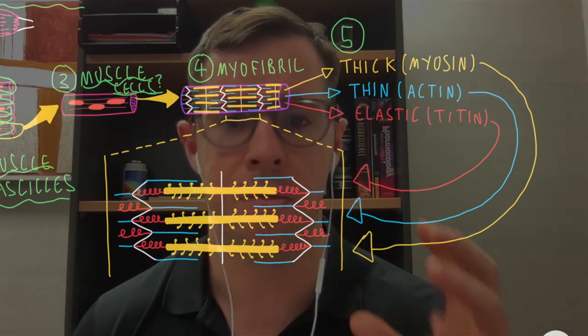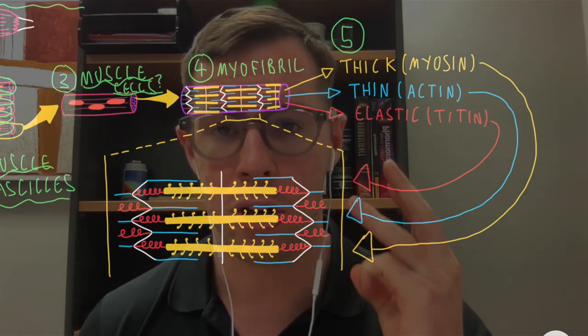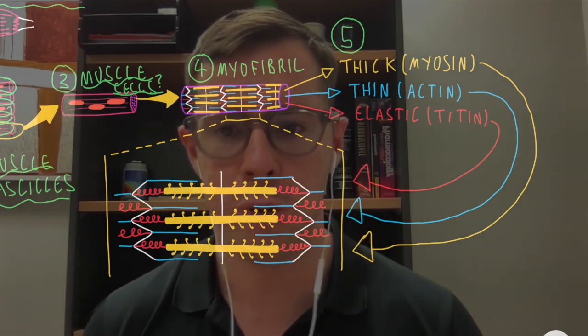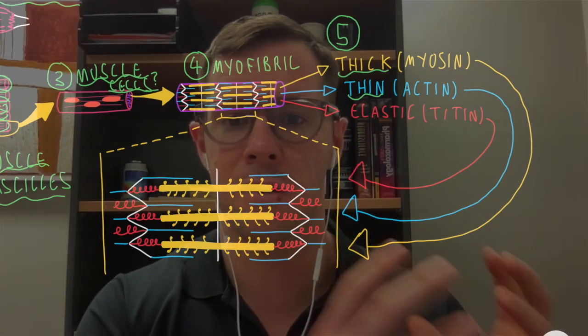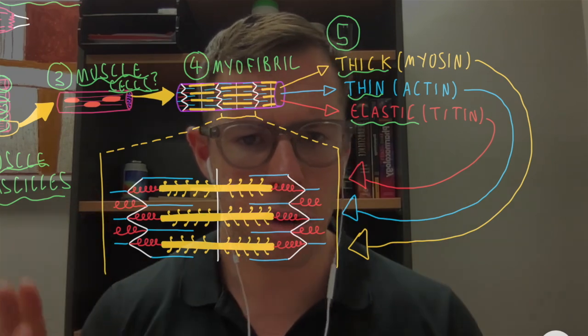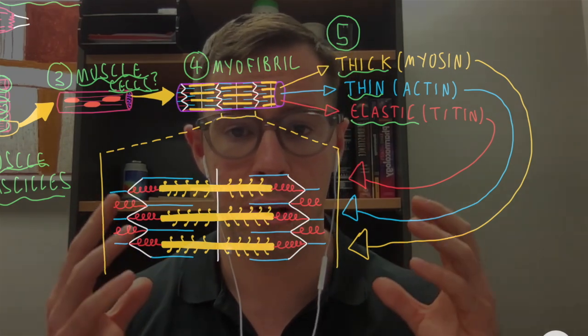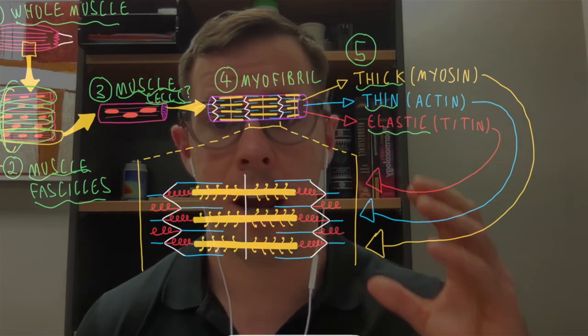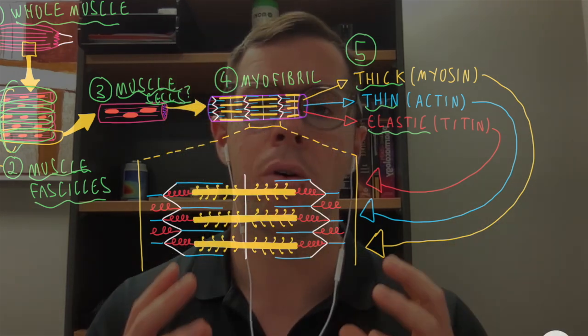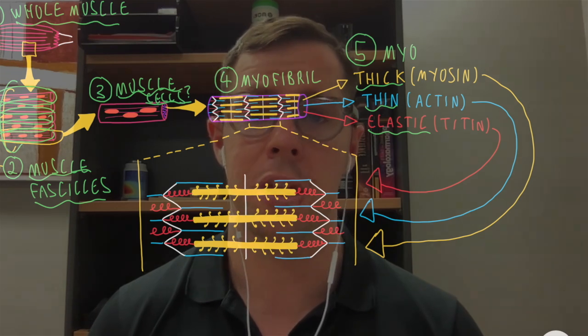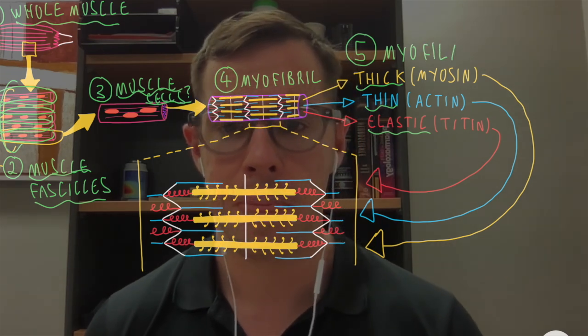Myofibrils are made up of three key contractile proteins, which we call thick, thin, and elastic filaments. These contractile proteins are called myofilaments, and the word myofilament shouldn't be confused or used interchangeably with myofibrils.